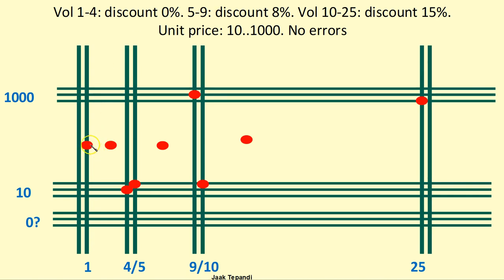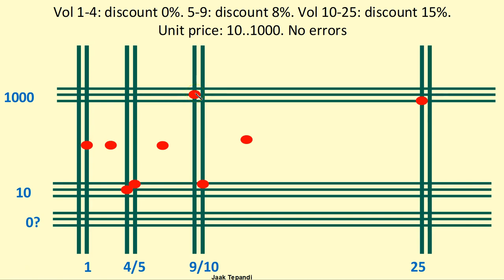So we have tested, let's look at the volume equivalence classes. These boundaries, classes, are all tested. Similarly, we have included in the tests all, well, there is one equivalence class from 10 to 1000 and 4 boundary values for the unit price.